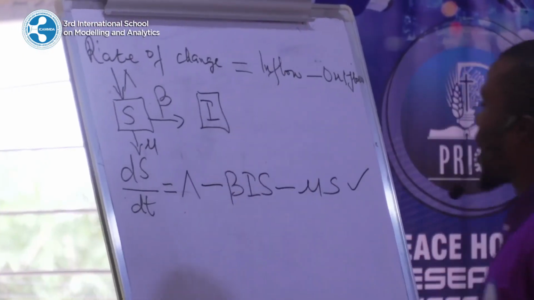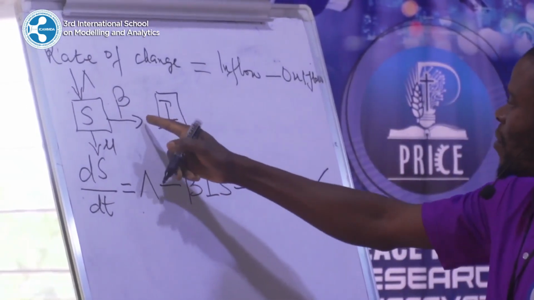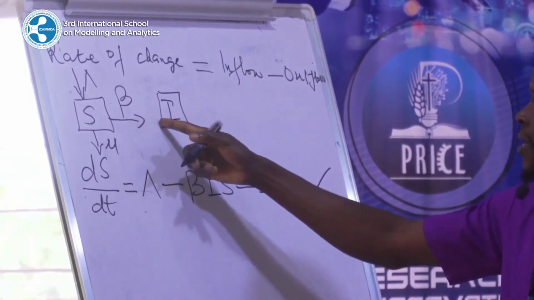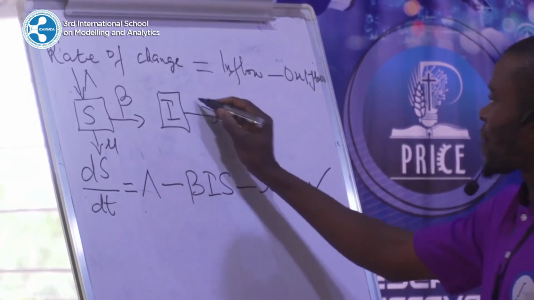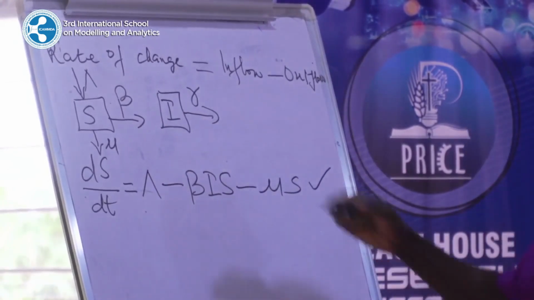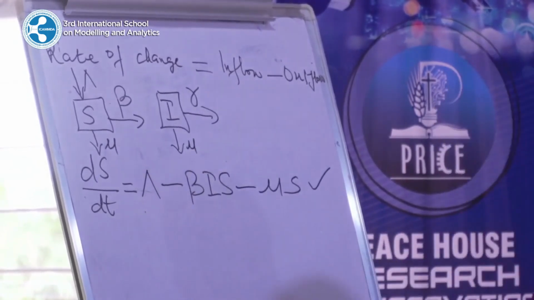Also, for the I class, people are progressed to that class at rate beta, and people are moving out of that class due to recovery at rate gamma. People also die naturally at rate mu.